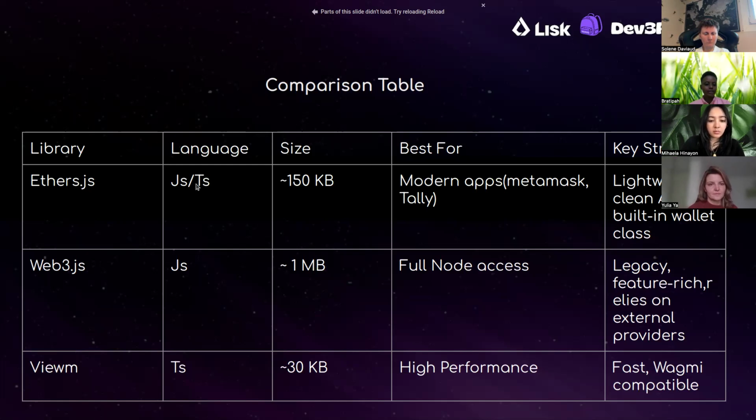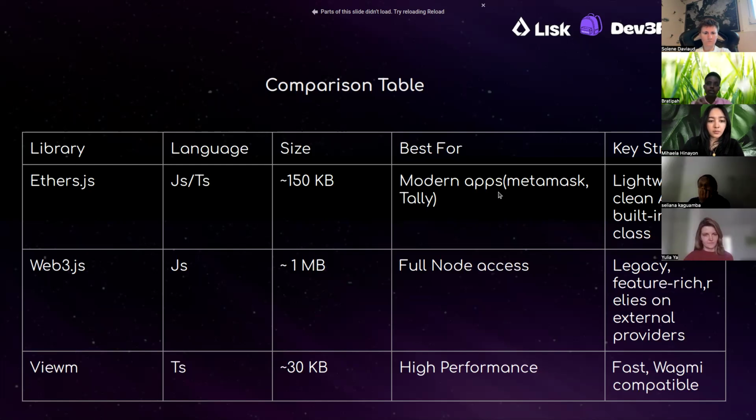As you can see, the size each would occupy in your DApp is as seen, and I'm going to concentrate on what each is best for and its key strengths. Ethers.js is mostly used for modern apps. Apps like MetaMask and Tally use ethers.js for the interaction between frontend and their smart contracts.